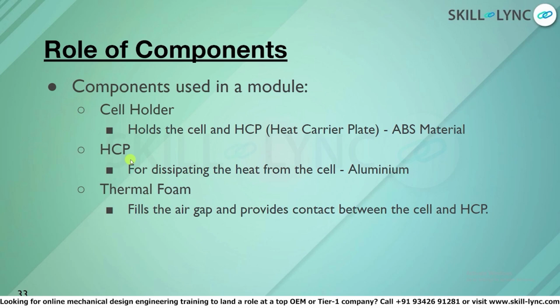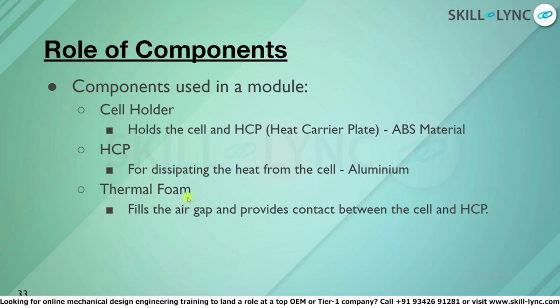So that becomes an integral part of the cell holder. So this becomes a unit, where usually a cell holder can be ABS material, and HCP is a heat carrier plate which is used for dissipating heat from the cell. It is basically aluminium, because aluminium is lightweight and also holds good conductivity. So aluminium is usually used as a heat carrier plate for dissipation of heat from the cells.